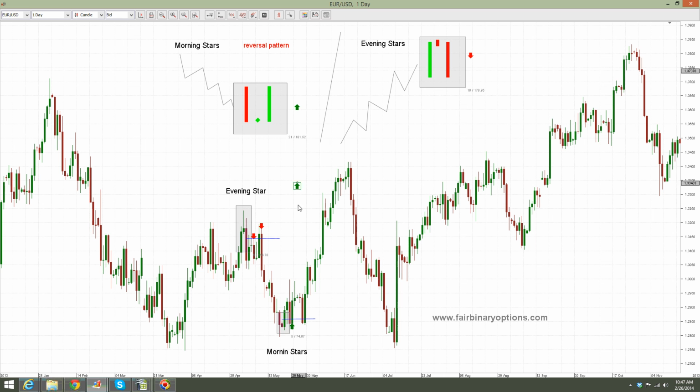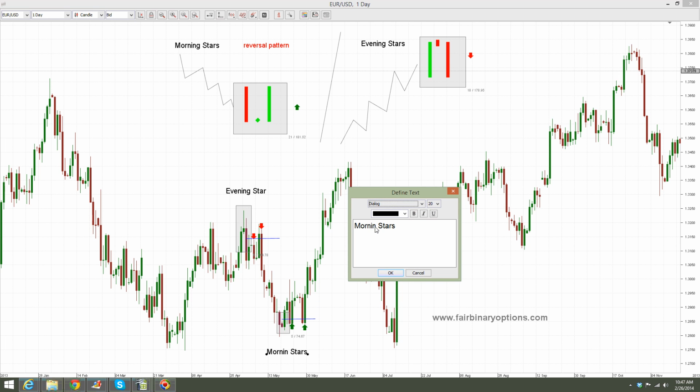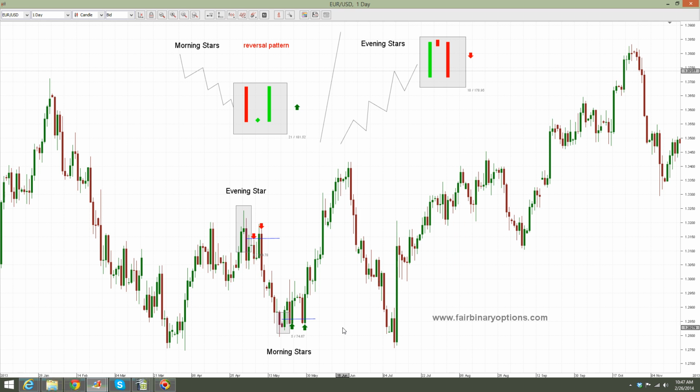As for the expiration date, this depends very much on the time frame that you are looking at. If the time frame is big, like it is here on the daily chart, then you may choose a longer expiration date. Other than that, you may choose a short-term expiration date.